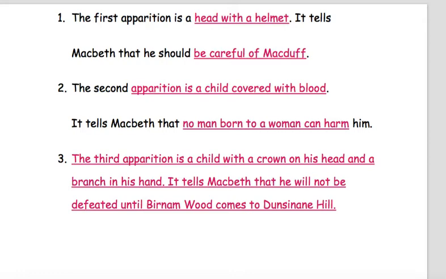The second apparition is a child that's covered with blood, and it tells Macbeth that no man born to a woman can harm him. And this helps to build Macbeth's confidence in himself. And he begins to grab hold of the idea that nothing could ever come back to haunt him or come and take the throne.